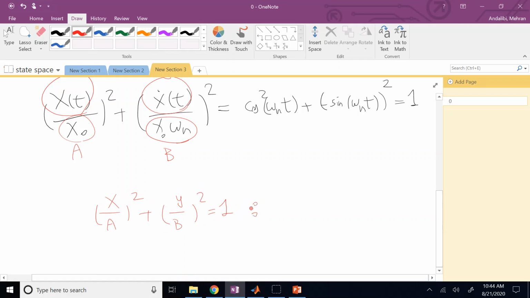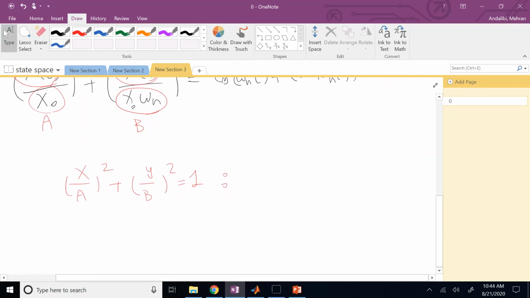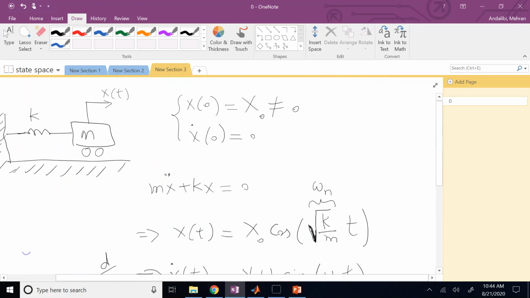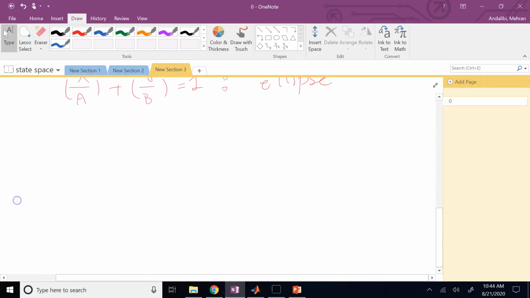What kind of shape is this from your geometry knowledge? Yes, that is an ellipse. So in this system, if I plot the state space, x dot versus x, what kind of shape do I get? An ellipse.